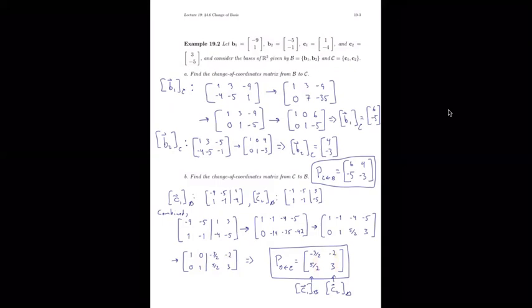What you might want to do as an exercise is leave these two basis vectors, B1 and B2, and find the change of coordinate matrix from these two basis vectors to the standard basis vectors. So instead of using C1, use E1, 1, 0, and C2, 0, 1, and see what you come up with. You should see something that is consistent with what we've done in the past.